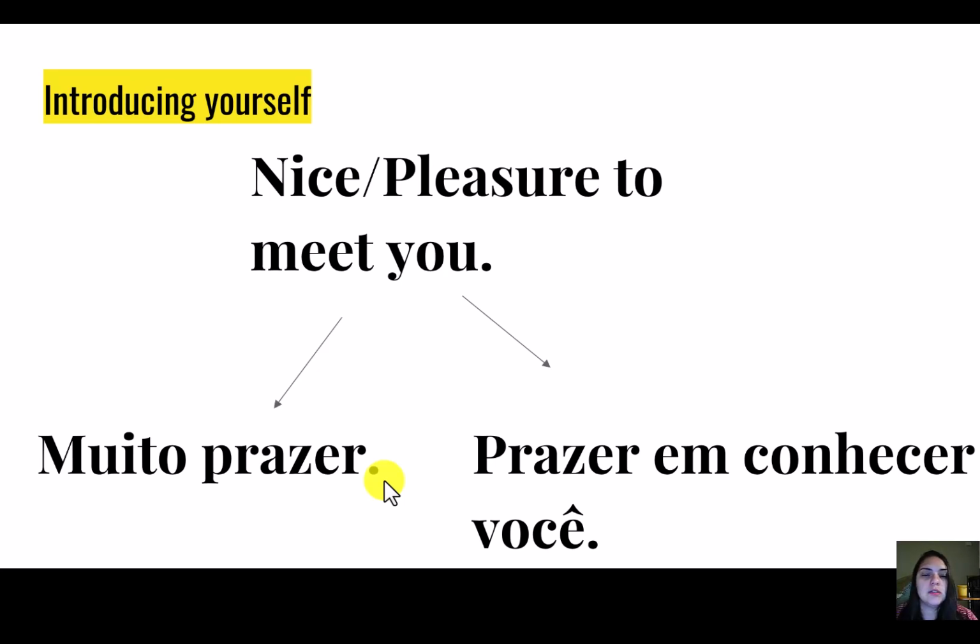If you go to a particular area in Brazil where for some reason they don't pronounce the R at the end of a word as this aspirated sound, it could be "prazer, muito prazer". So depending on the region of Brazil that you go to, you're going to have this sound.